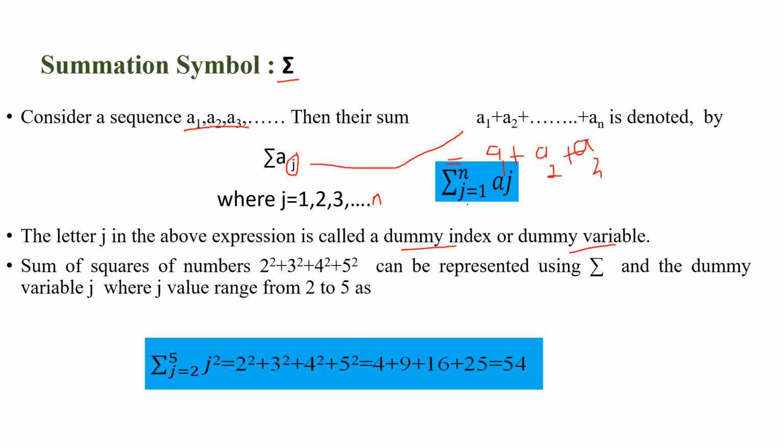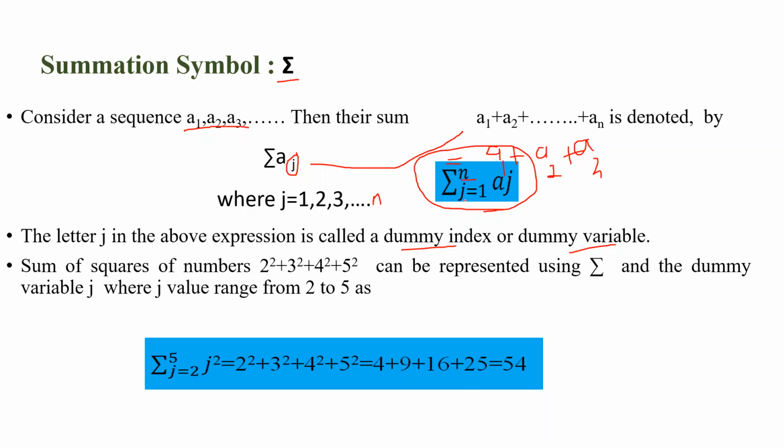This animation didn't come that time. This is another way of writing the summation symbol. Either you can write where j equals 1 to n, but mostly we write the j variable as a subscript of the sigma symbol, j equals 1 to n.